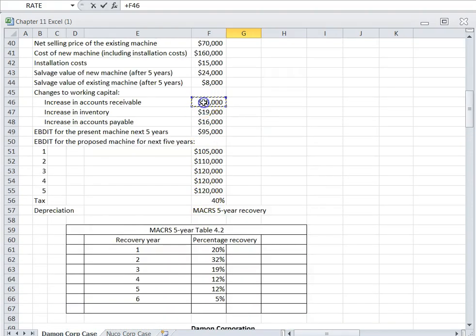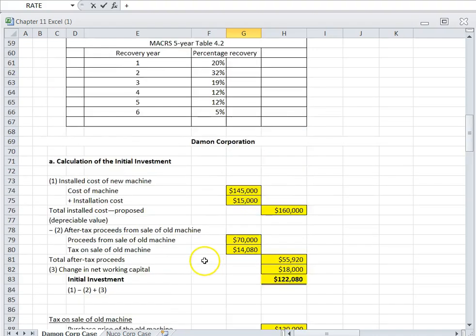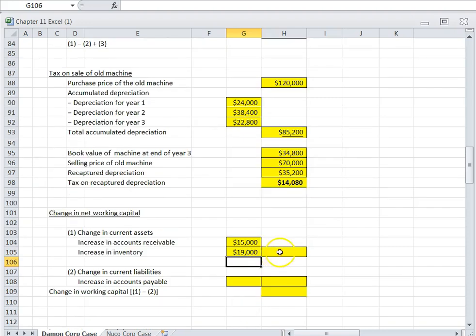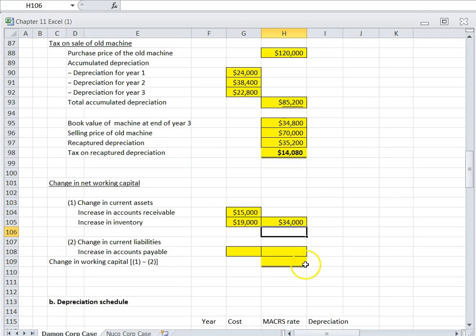So here's my increase in accounts receivable, increase in inventory. So my total change in assets. Now remember, from the statement of cash flows, if we're increasing assets, that's a deduction to cash because we're having to increase those assets. So that's going to be an increase.